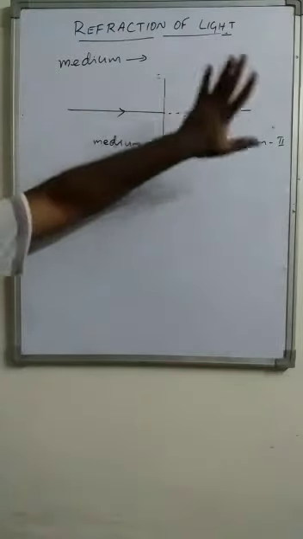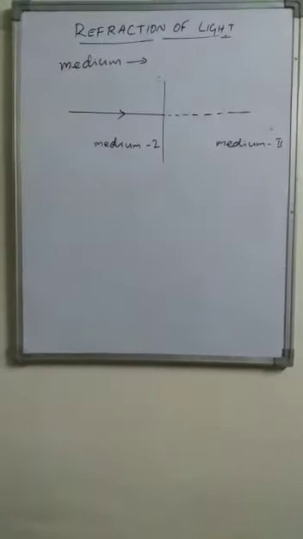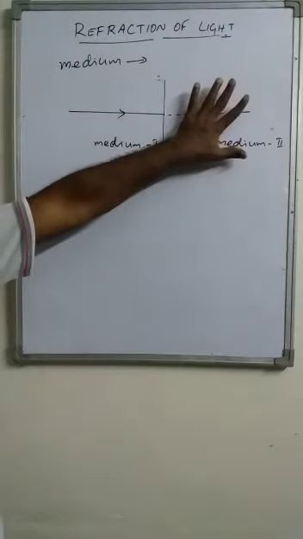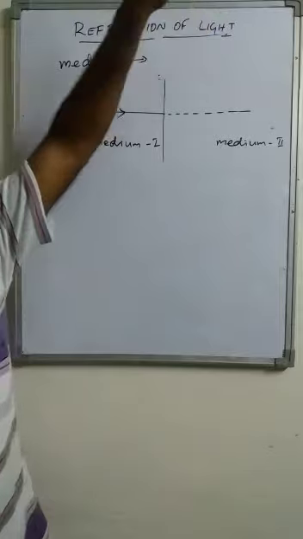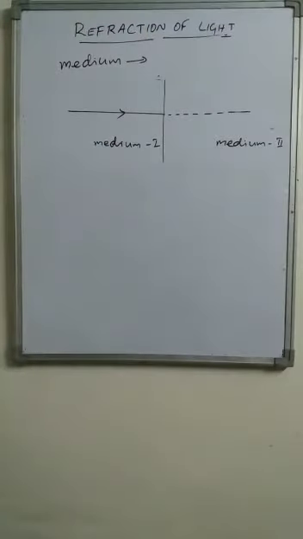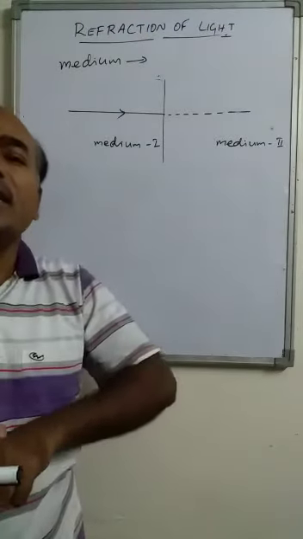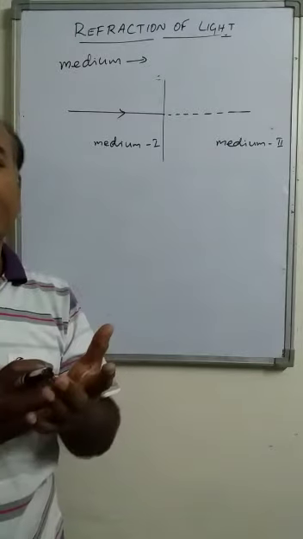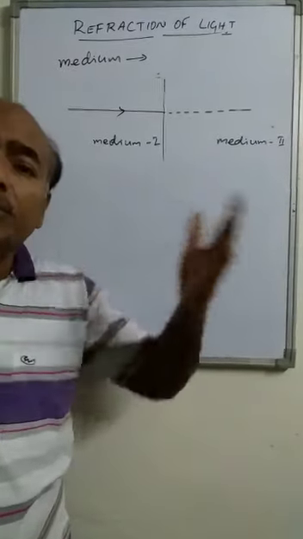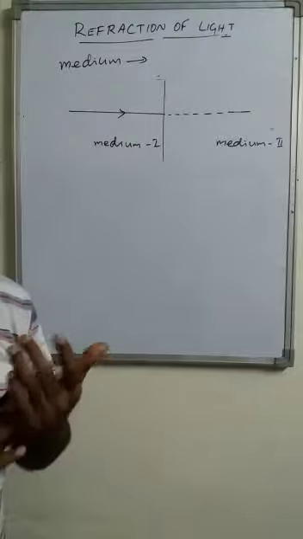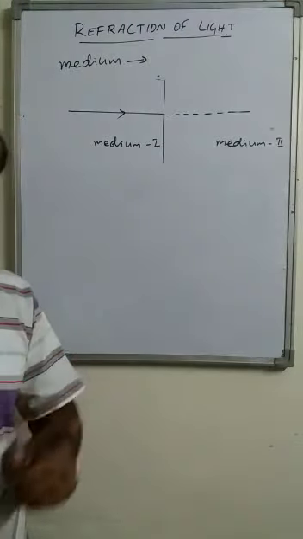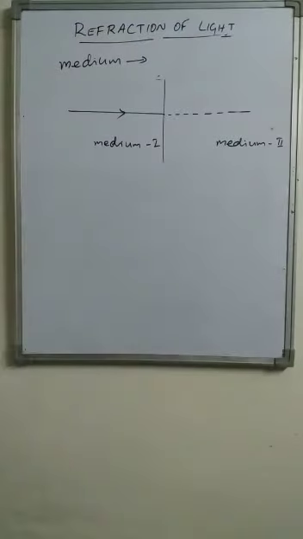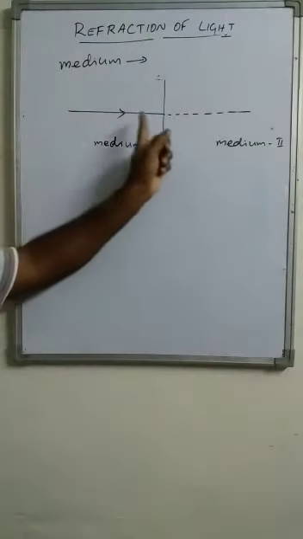Whenever light enters from one medium into another medium, if the light bends from its original path, then the phenomenon of refraction takes place. So it means refraction refers to the property of two media. It is not a single medium. It represents the property of two media.